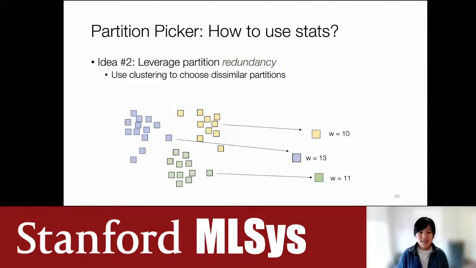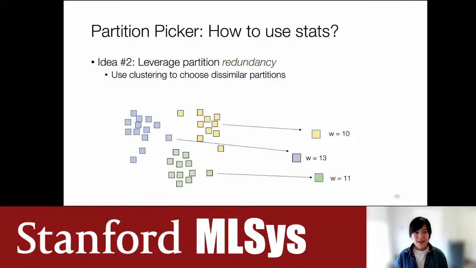Again, we use these summary statistics as feature vectors, and we use clustering to choose dissimilar partitions as representative samples. For each cluster, we select one partition as an example, and the weight of the partition is the size of the cluster. So that's how this redundancy idea works.